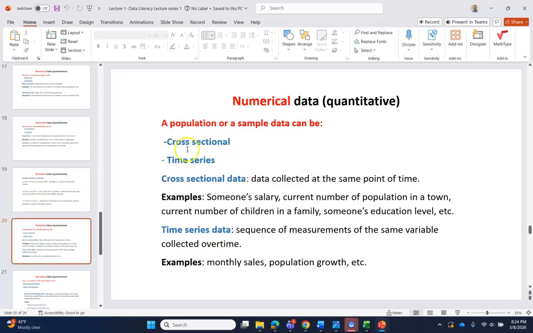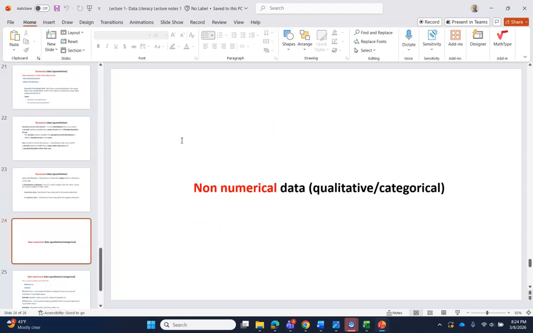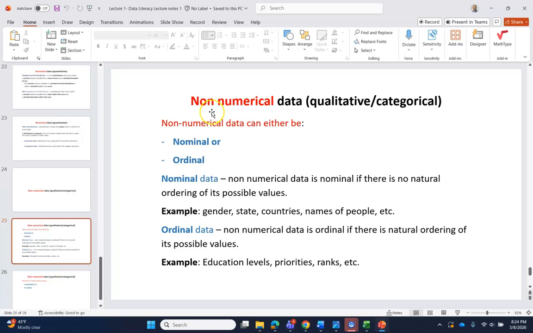And also your data can be cross-sectional or time series. And your data can be normally distributed or other distributions. So the next is the non-numerical data. As we said, it can be either qualitative or categorical. And we can also look at the characteristics of the non-numerical data. They can be nominal or ordinal.